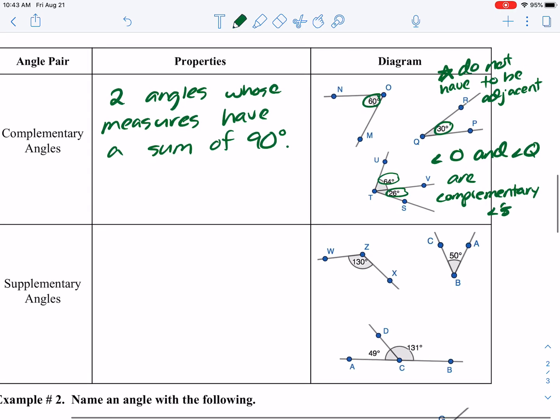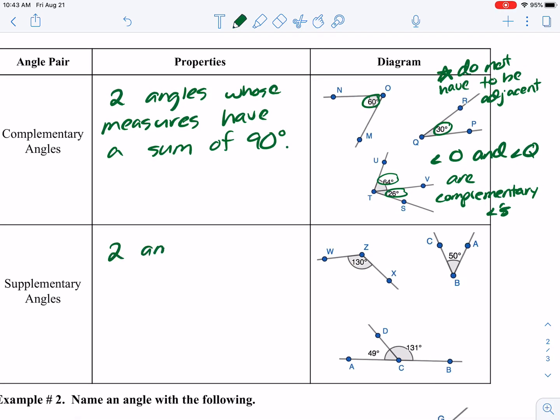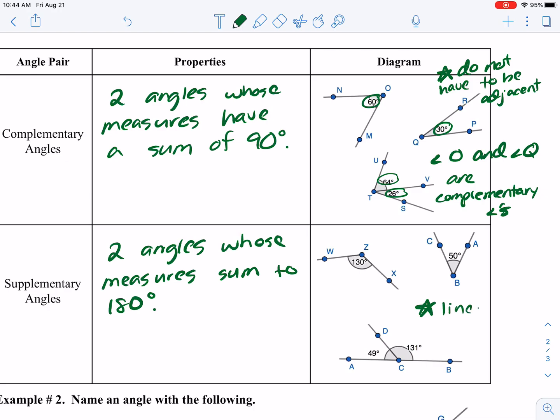Supplementary angles, two angles whose measures sum to 180. And again, a linear pair will always be supplementary because they form a straight line.